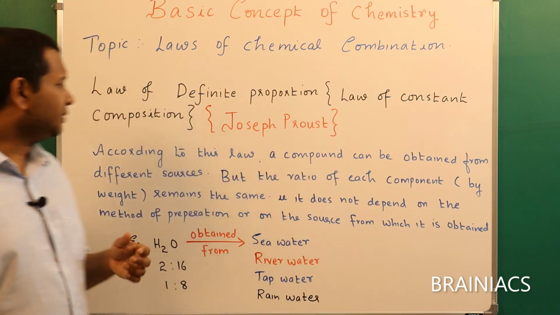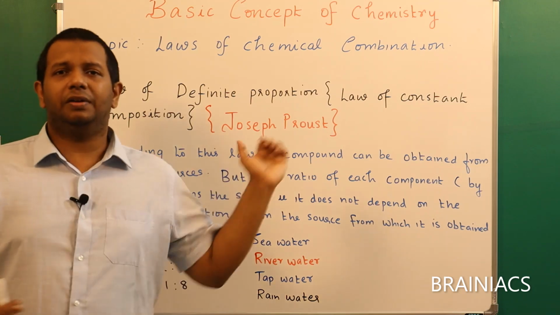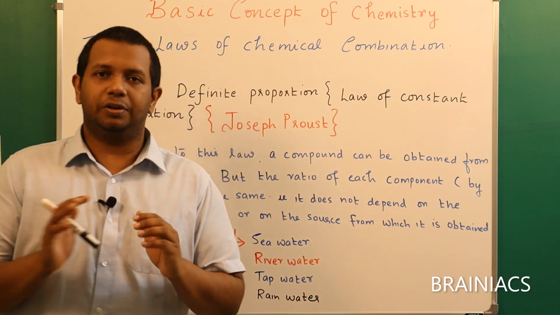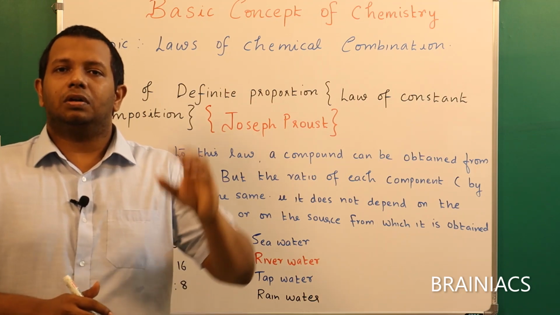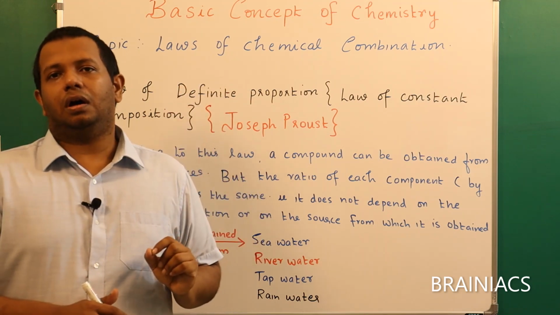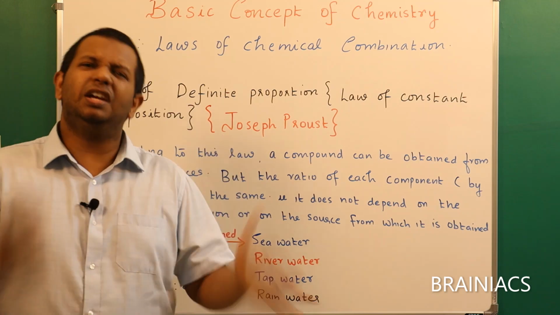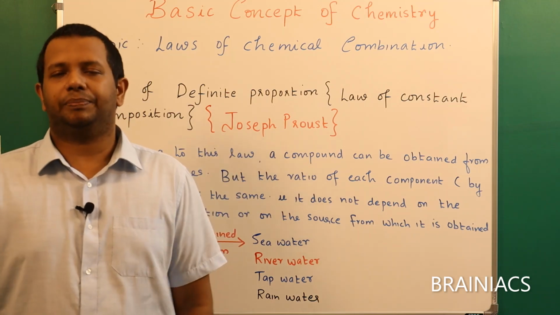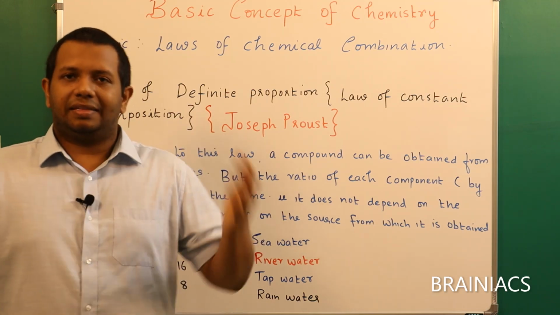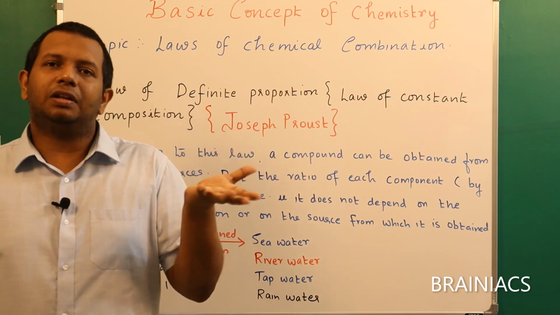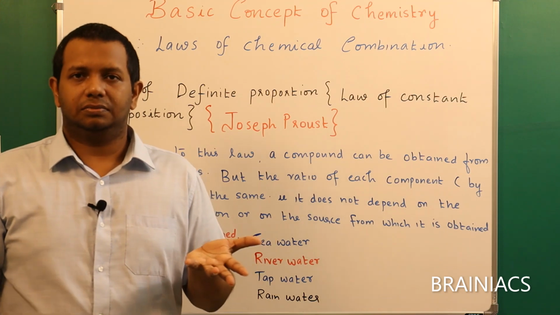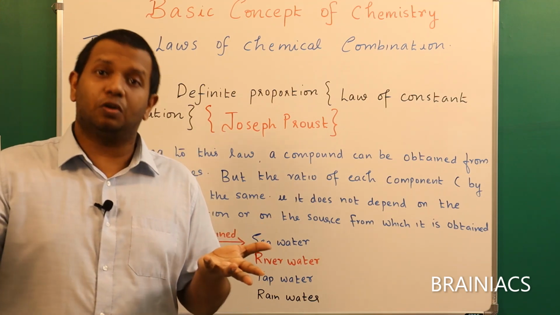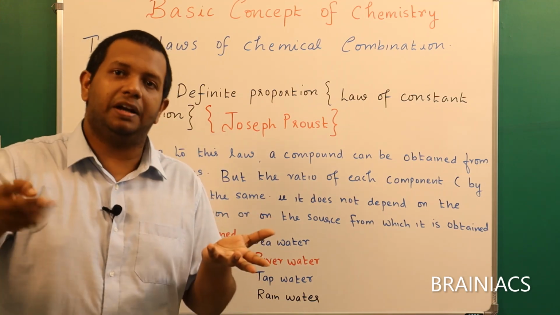Okay. Now what is this law? Before I go to the statement, I would like to introduce what this law talks about. This law talks about a particular compound, any chemical compound. And they say that a particular chemical compound can be obtained in different ways. It can be obtained from different resources, or it can be prepared by different methods.